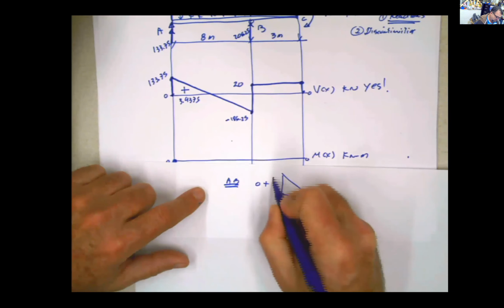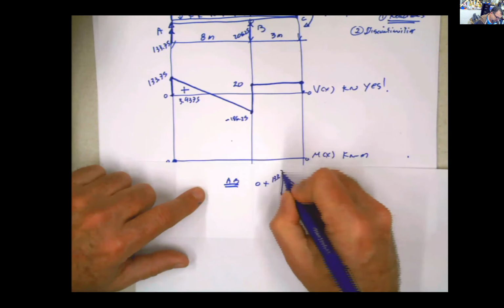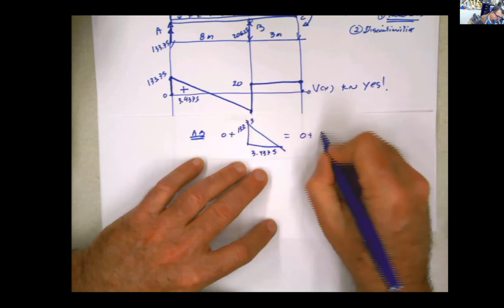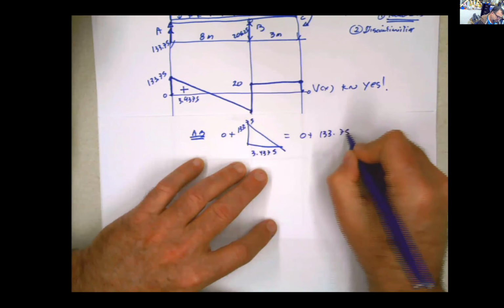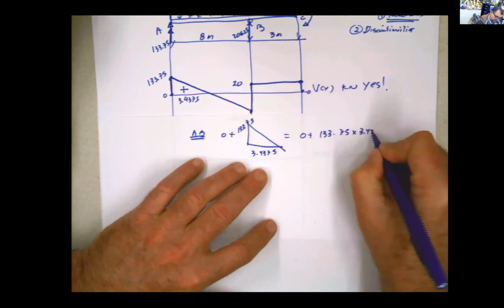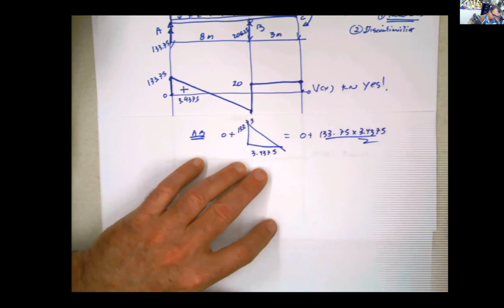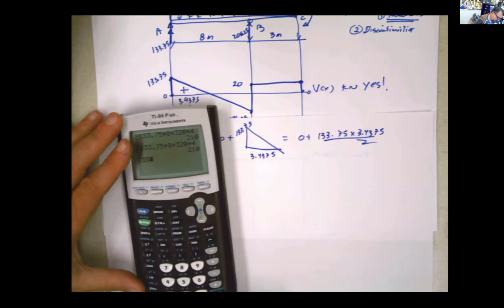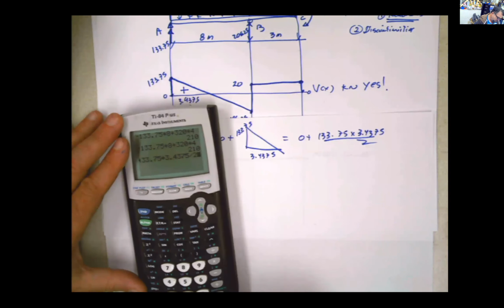3.4375, 133.75. Meaning this is going to be 0 plus 133.75 times 3.4375 divided by 2. 133.75 times 3.375 divided by 2.